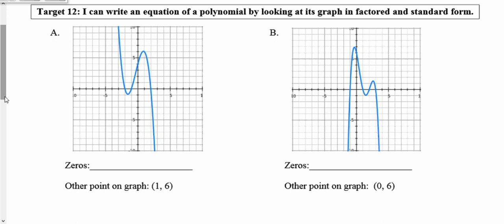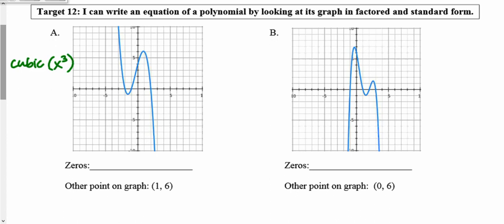So to start off, just thinking about what our answer should be. Two things. On A, the shape of the graph is that squiggle shape, which means your final answer should be a cubic, which means you should see an x to the third power in your equation.